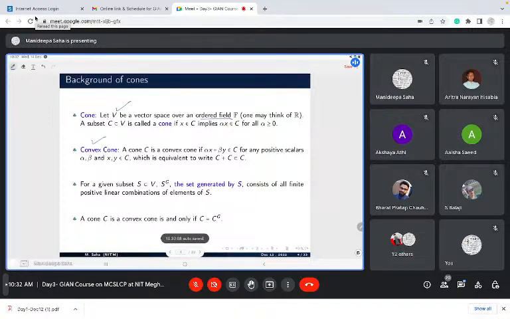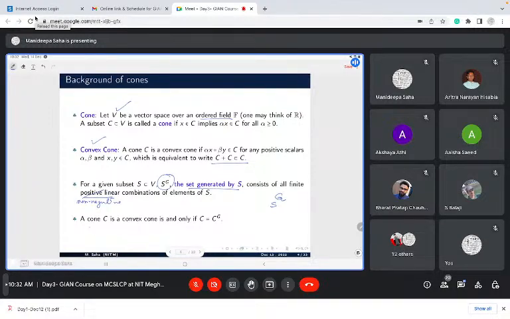Then what is a convex cone? It is a convex cone if C plus C is a subset of C. Same notation: if S is any subset of the vector space, I don't need a subspace, it could be any subset, then the set generated by S, I am using the notation SG to denote it, is the set of all finite non-negative linear combinations of elements of S. This should be non-negative, not positive.